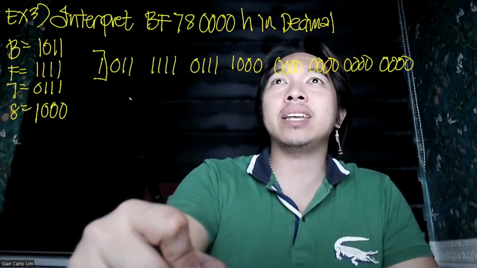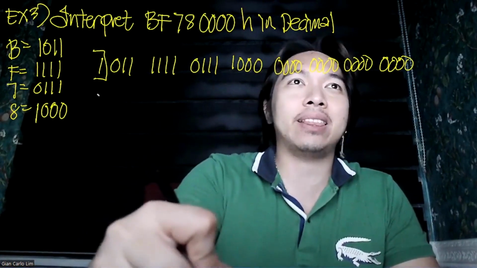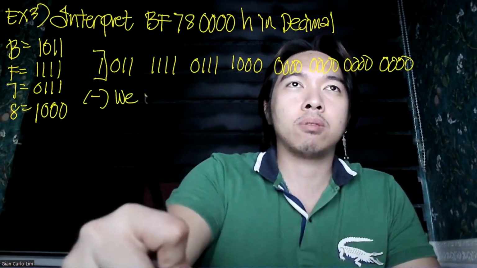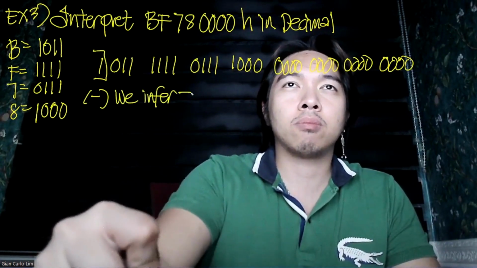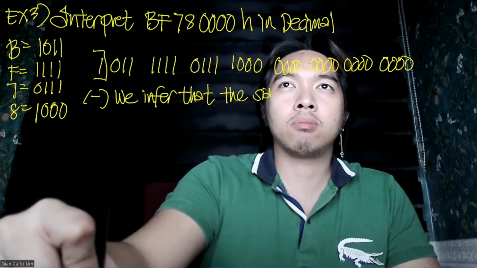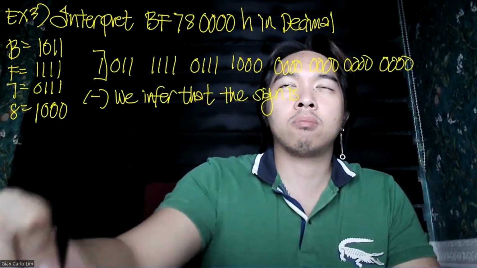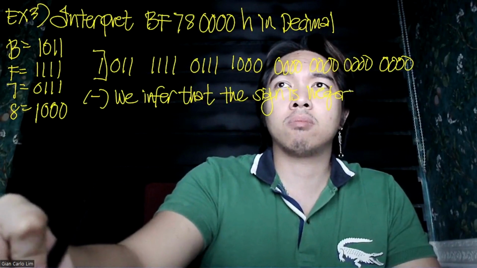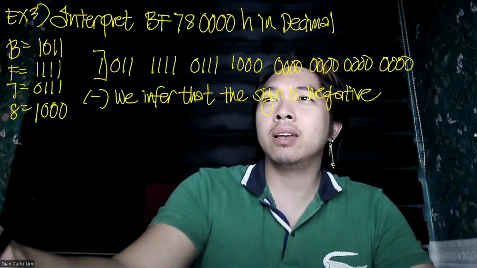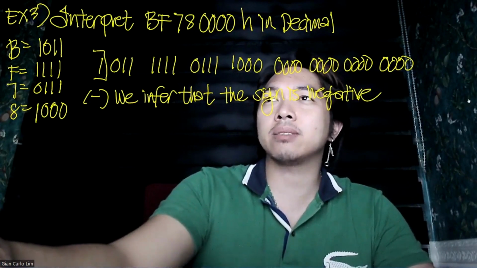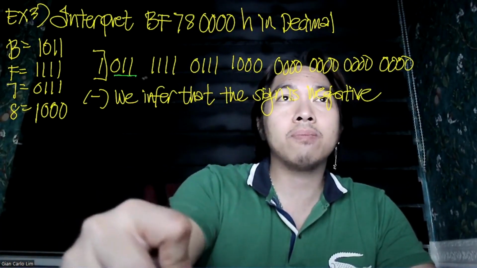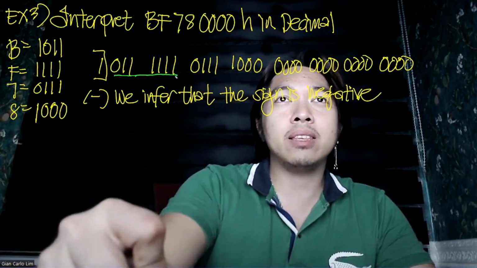For sign and magnitude, 1 is negative. Then take the next 8 bits, okay, and then denormalize. So kunin natin to 1, 2, 3, 4, 5, 6, 7, 8. Hanggang dito.